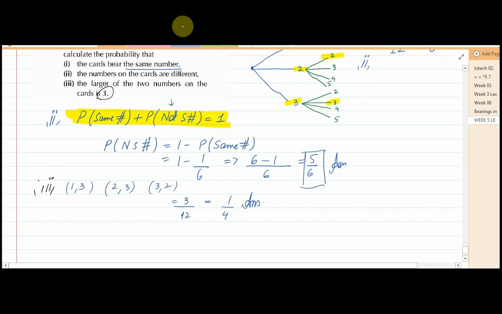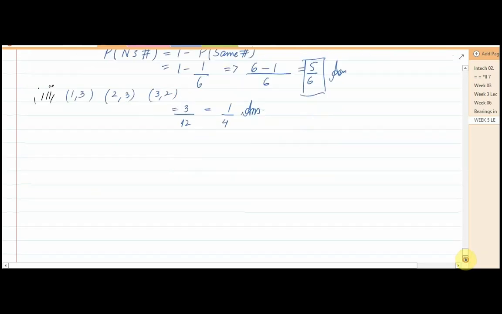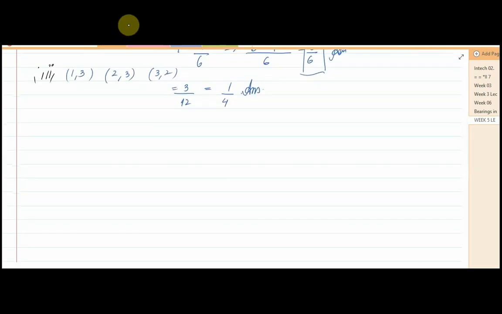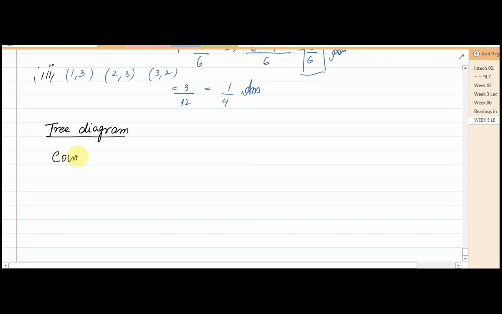Now before jumping on to the next question, I think it's necessary that you have a clear idea about the tree diagram. So in this question I have explained it as well, but now I'm explaining to you individually what a tree diagram is. Let's suppose that you have a coin, right? And we know that the sample space of one coin is head and tail.